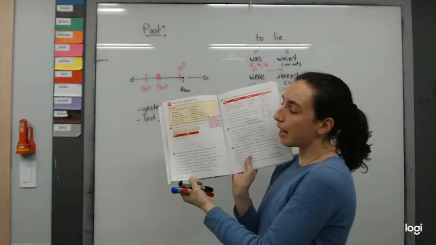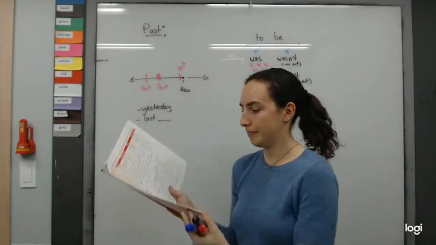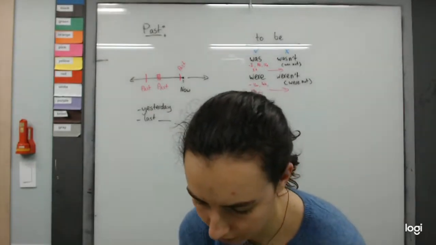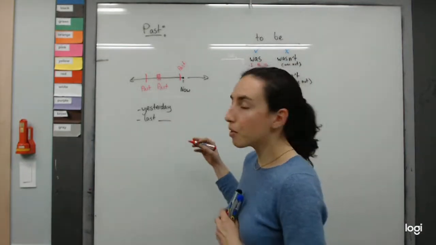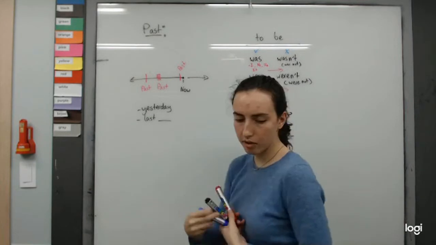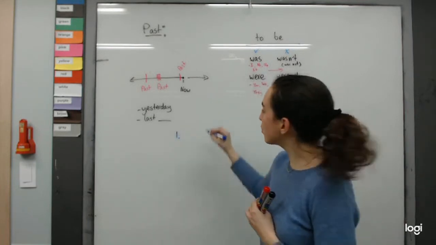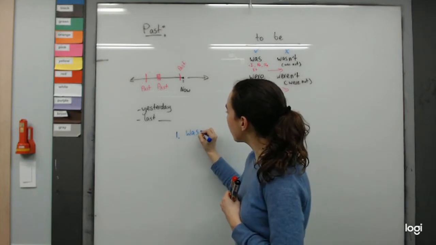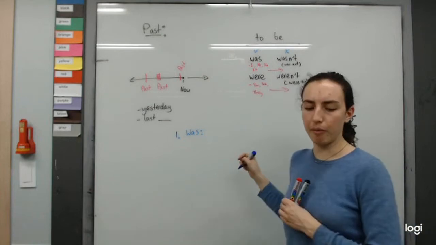Okay, so page 50, let's do together. Number 1, I already told you the answers. We're going to do this in blue marker. Was, we use with what? Think for a little bit. See if you can think what we use was with.